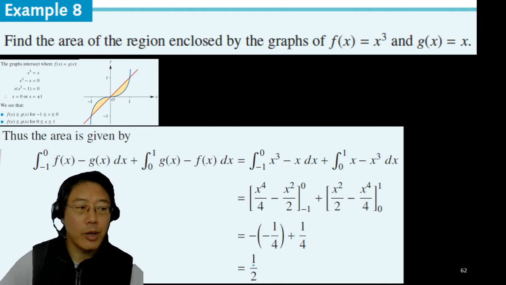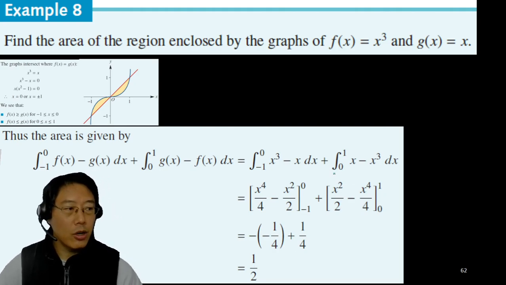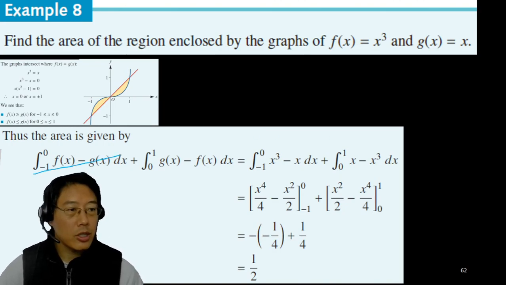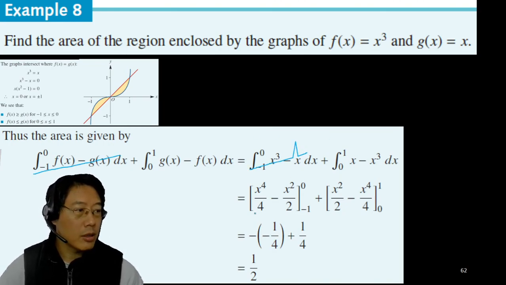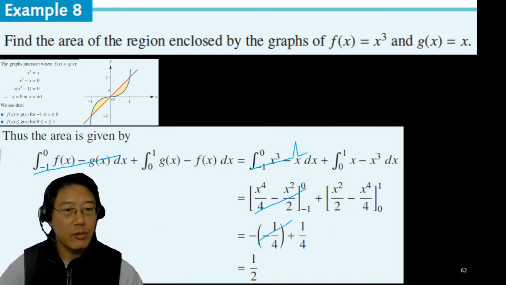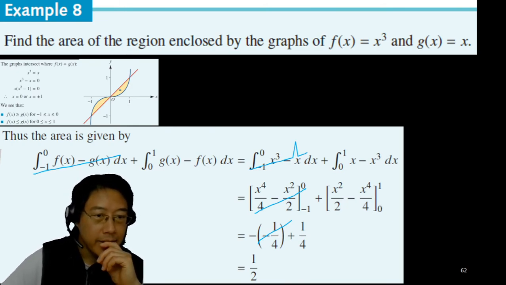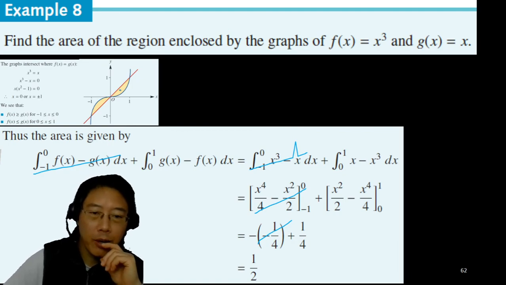You can do that as well, that will work. So let's say you double it. So what you would do is you cross off that one, cross off that one, cross off that one, cross off that one, and you double that, and that will give you your area. Okay, now just be careful with the doubling.